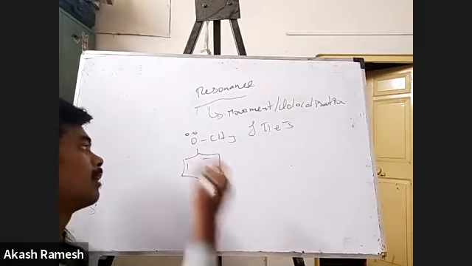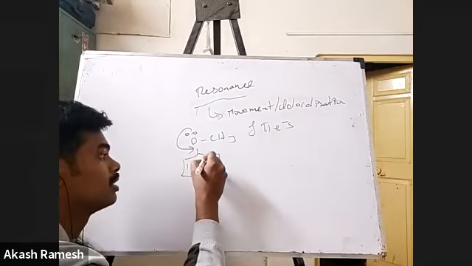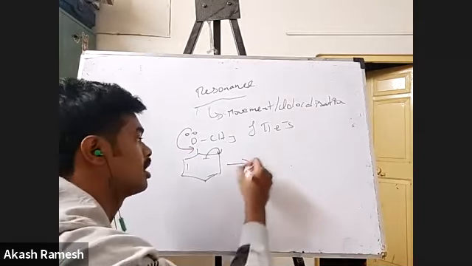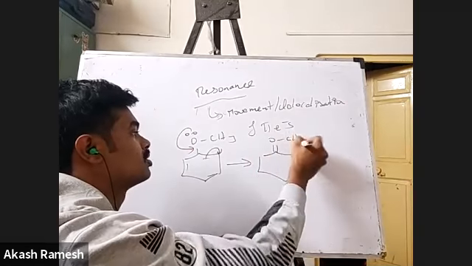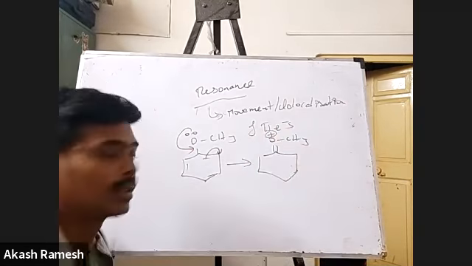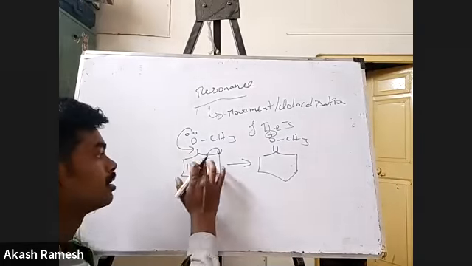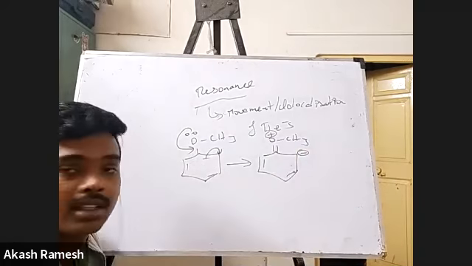So now what will happen? This can come here. Now this bond can go here. That's the first resonance structure. So now what will you have? I have a double bond O CH3, and the oxygen atom should have a positive charge because it has lost its lone pair. And this bond has broken, so you will have a negative charge here, and the rest of the thing stays.